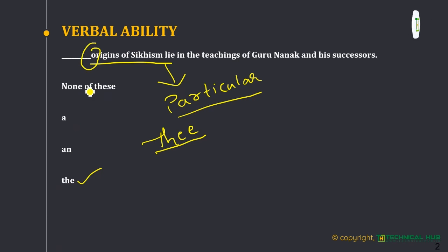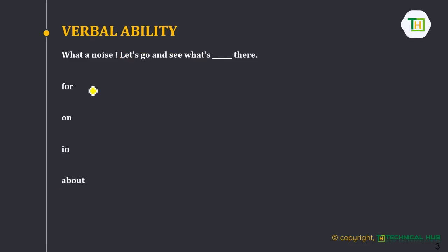OK, next one. Here you need to find out the preposition. Now, for we use the reason. If you put this word, it will not fit actually. It's completely a blunder. Now, what's on there?